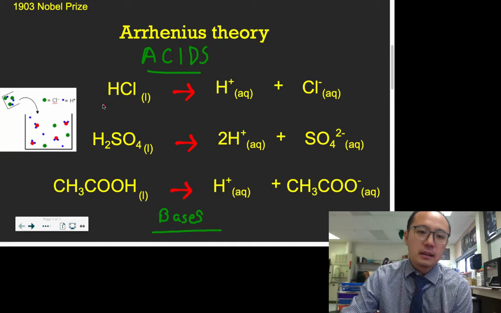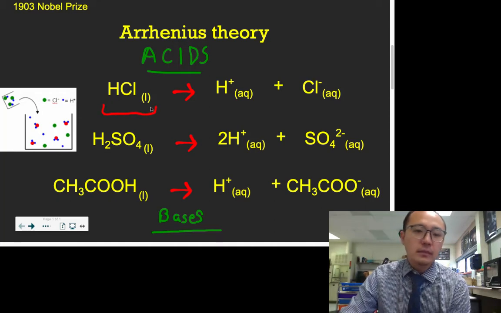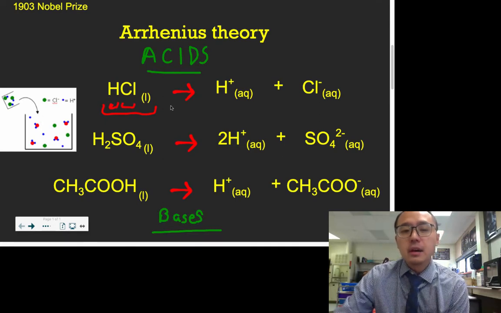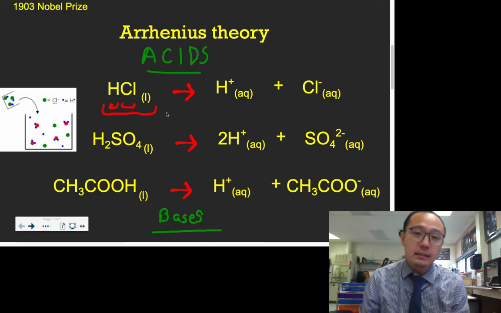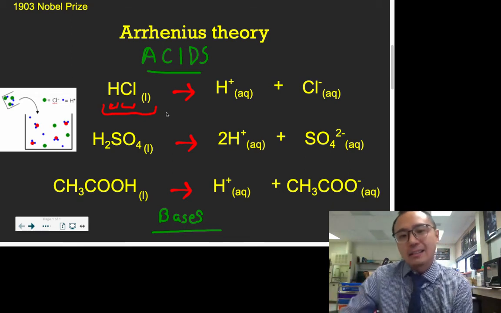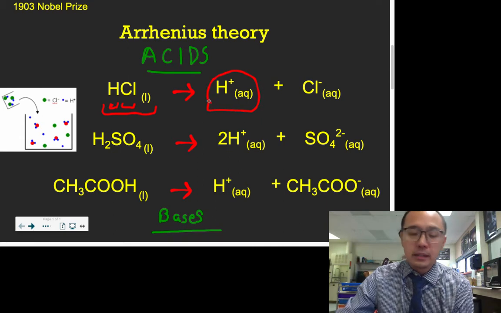And if you look at hydrochloric acid, for example, it has HCl. So according to Arrhenius' theory, basically any acid is one that dissociates into an H+, or any proton.